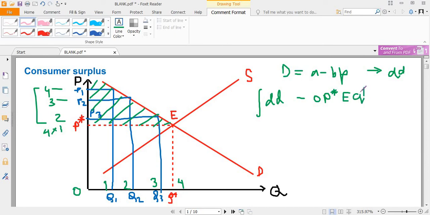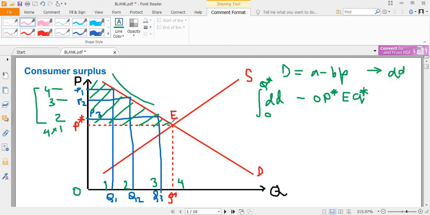So essentially it is the area under the curve from 0 to Q star, the equilibrium quantity, minus the equilibrium price into equilibrium quantity, that is OP star EQ star. That would be the consumer surplus.